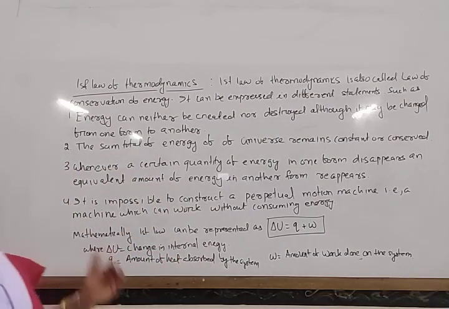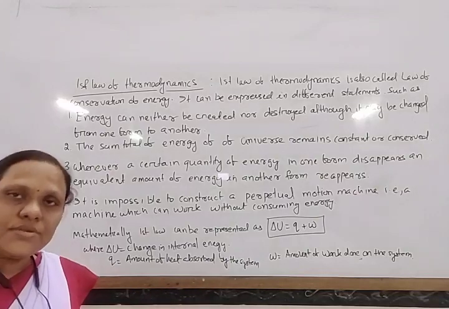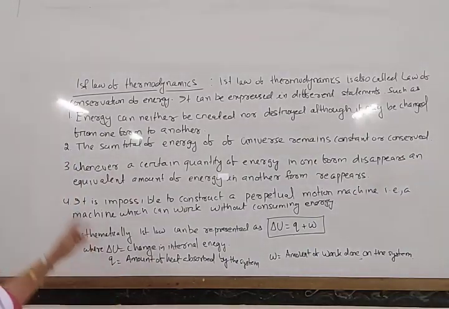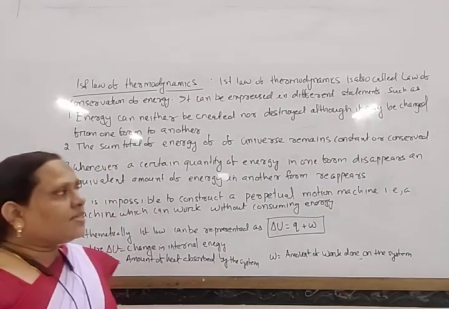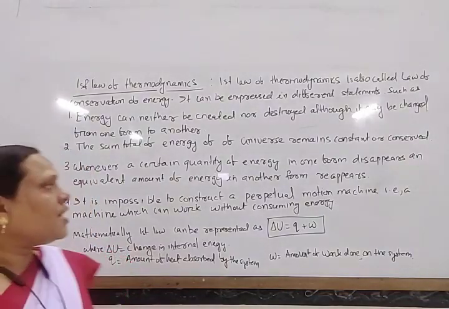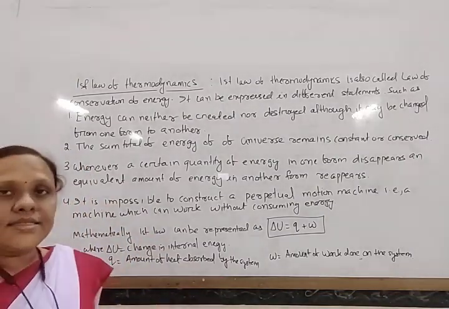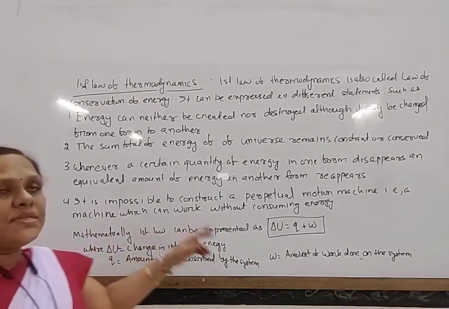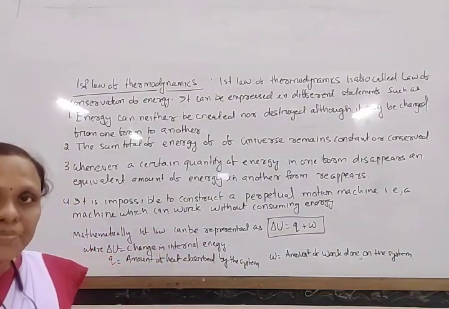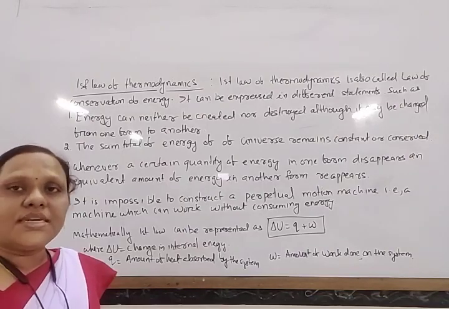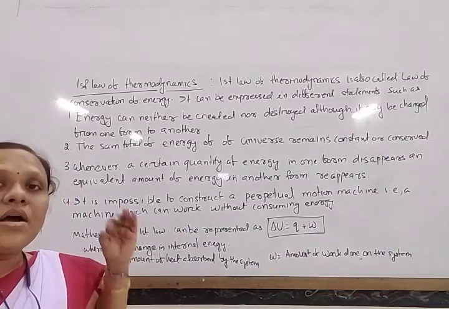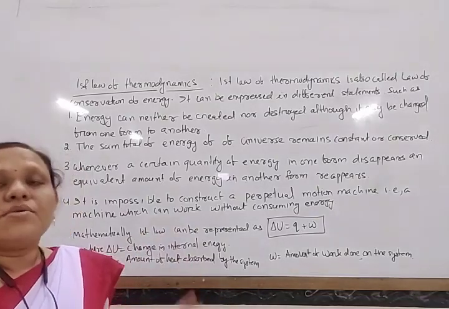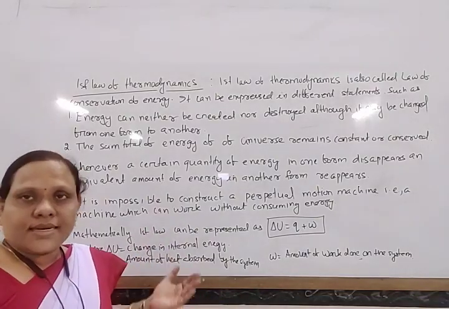That is, the energy of system plus surroundings is always a constant. Whenever a certain quantity of energy in one form disappears, an equivalent amount of energy in another form reappears. It is impossible to construct a perpetual motion machine, that is, a machine which can perform work without consuming any energy.